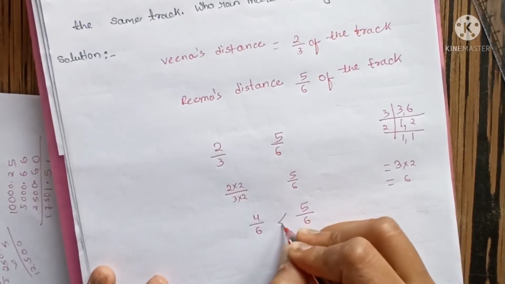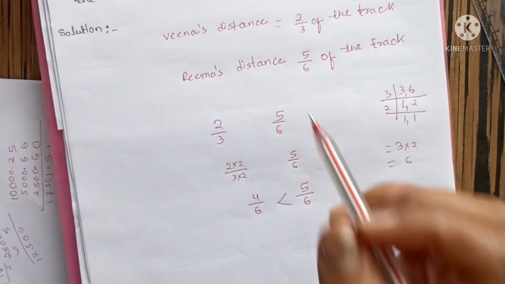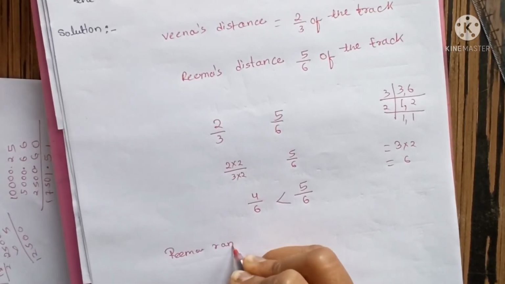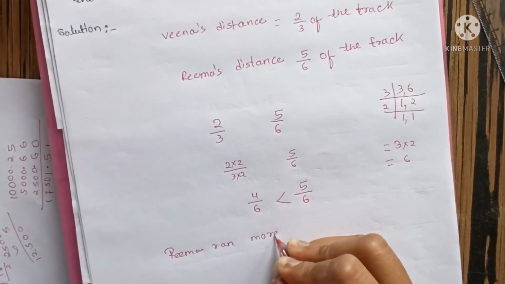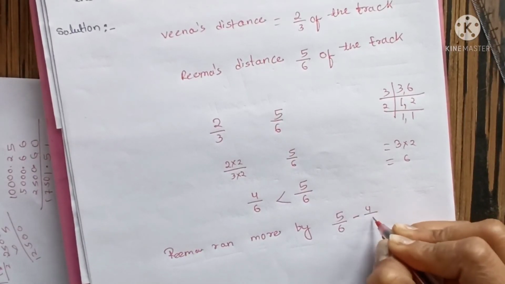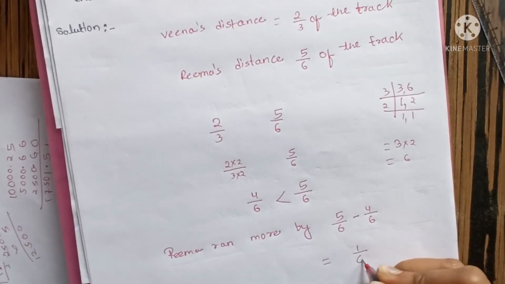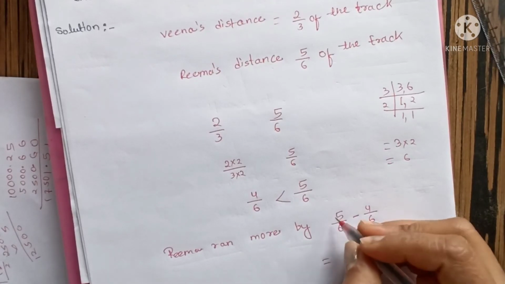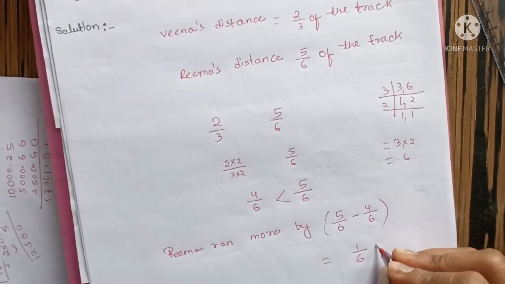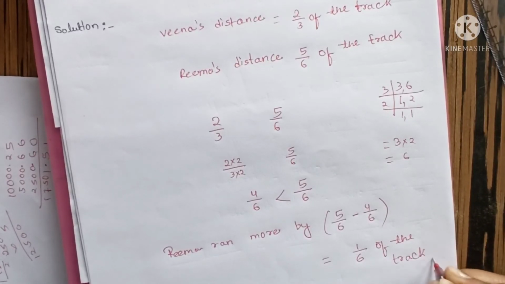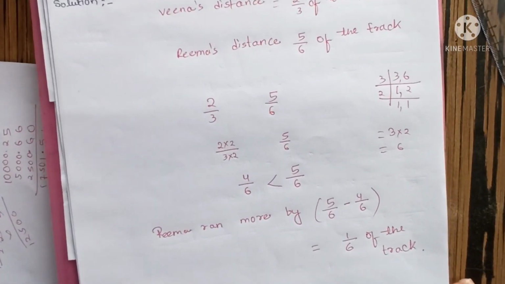Which is greater? Yes, of course 5/6. So 5/6 is Reena's. So Reena ran more. By how much? We will subtract. That is 1/6. She ran more by 1/6 of the track. This way you will complete number 19.